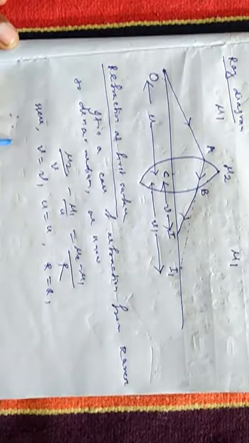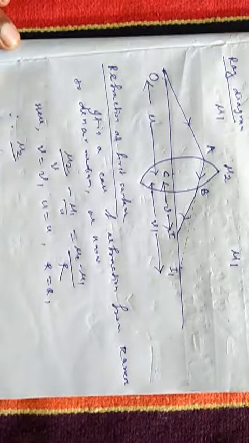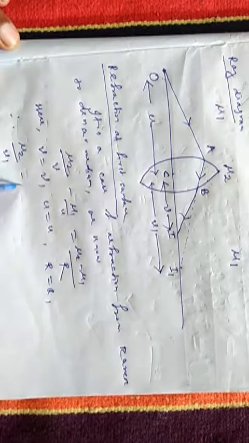So we can write mu2 by v1 minus mu1 by u is equal to mu2 minus mu1 by R1. This is equation 1.